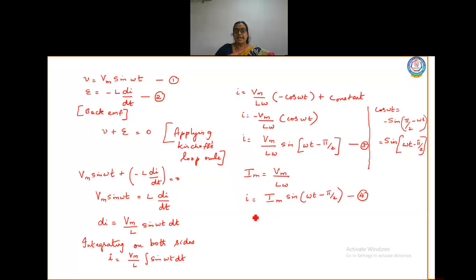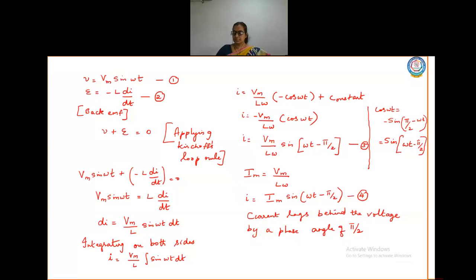Current lags behind the voltage by a phase angle of pi by 2. So what is the difference between current and voltage in an inductive circuit? In an inductive circuit, current lags behind the voltage by a phase angle of pi by 2.